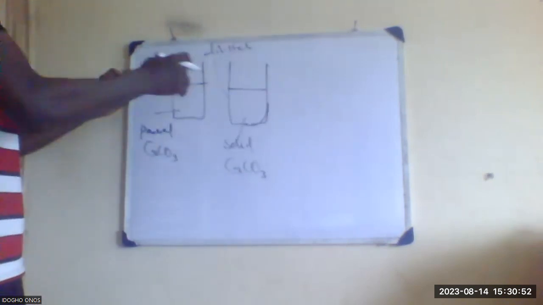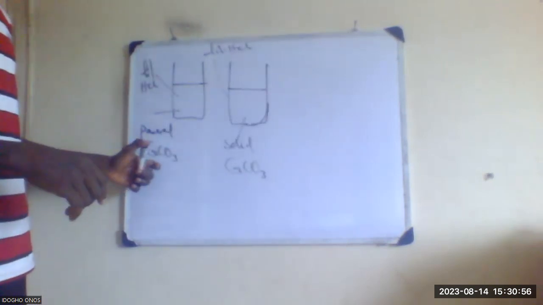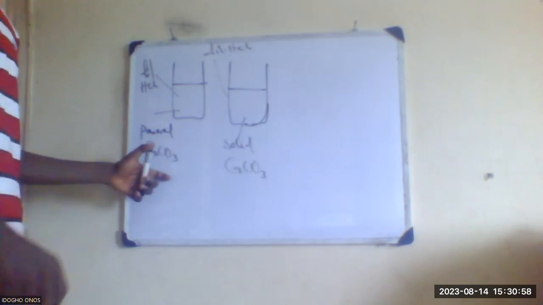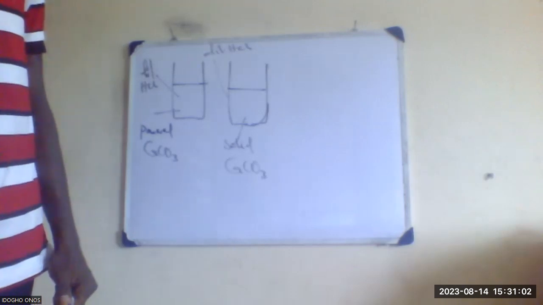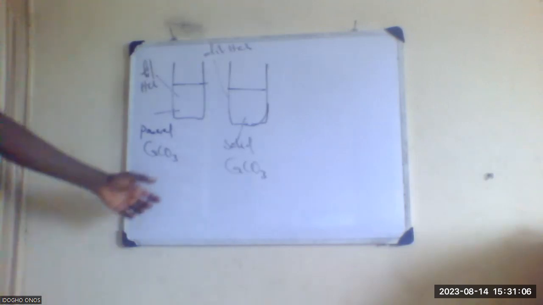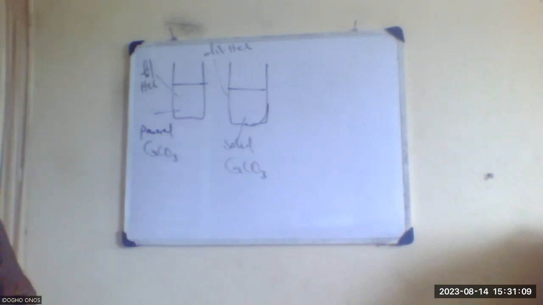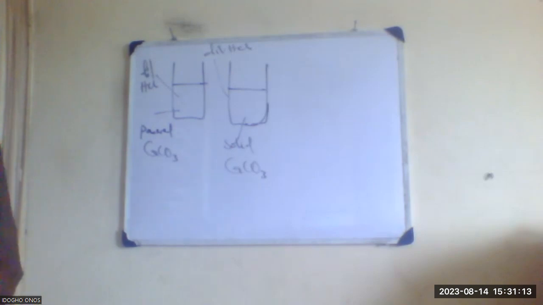If you consider these 2 reactions, which of them will the CaCO3, which is calcium carbonate, dissolve faster? Which of them will have a faster rate of reaction? Is it the powdered or the solid? The powdered one.